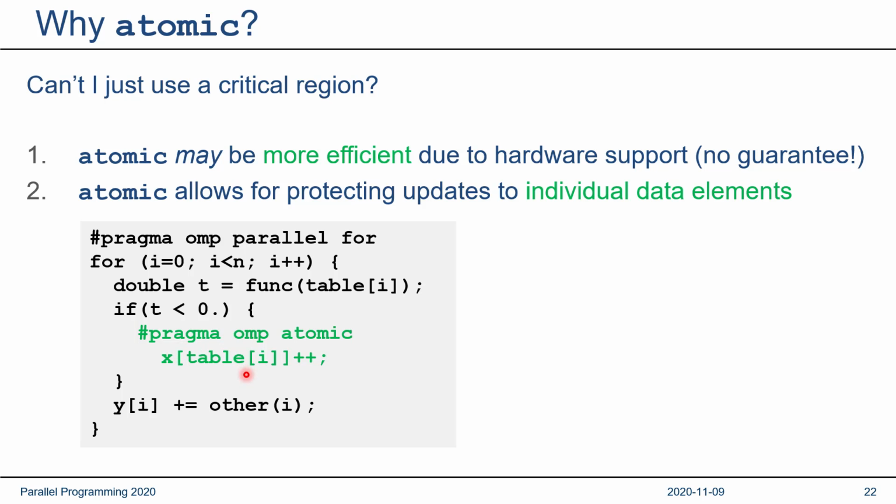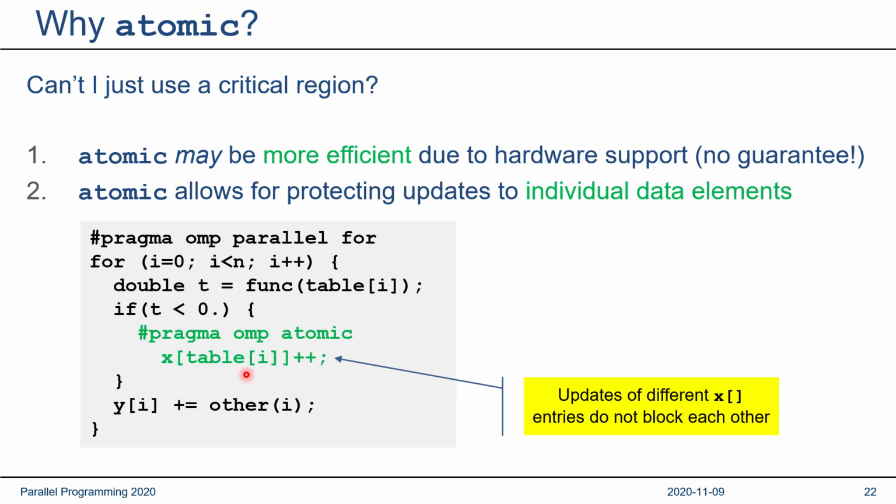The atomic gives us a way to update the whole range of possible x values, the contents of the x array, individually per element. So this is very nice. It allows us to update different x entries which do not block each other.